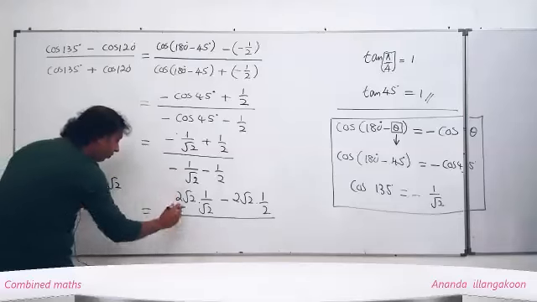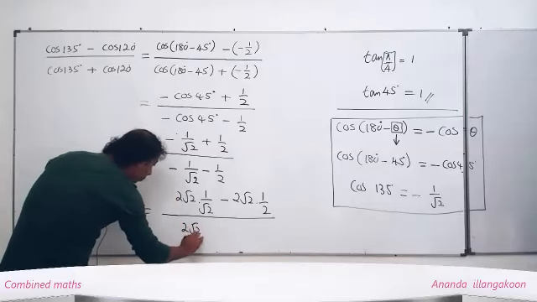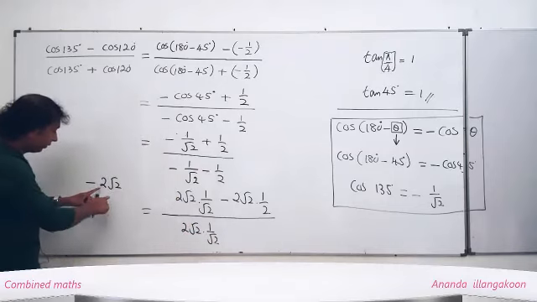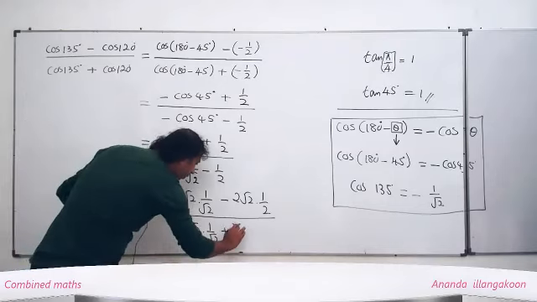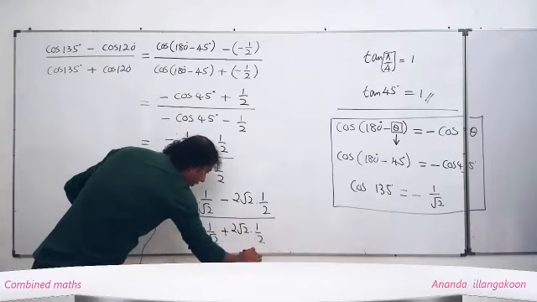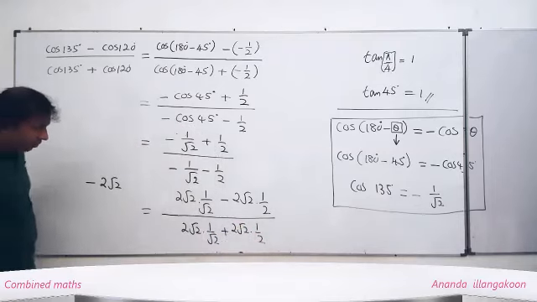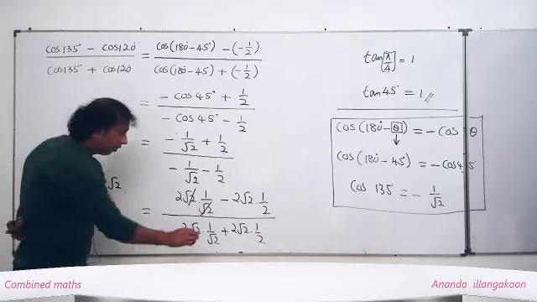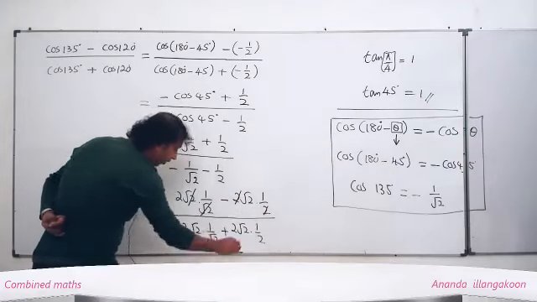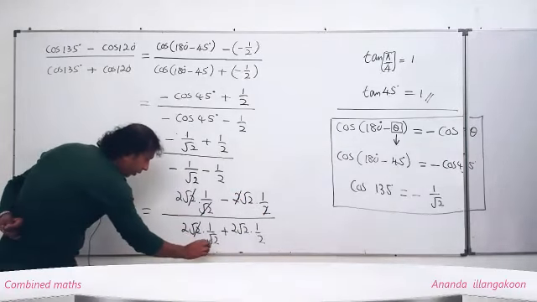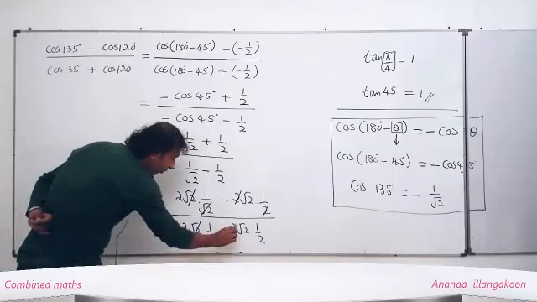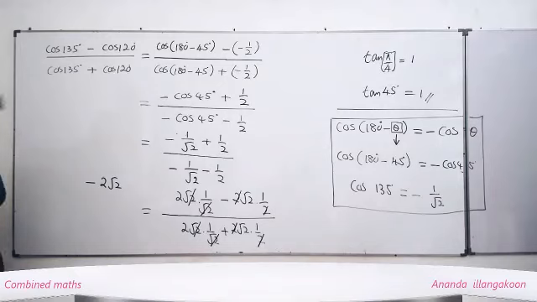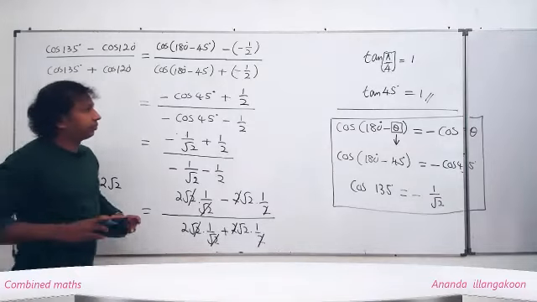Minus minus plus. 2 root 2, 1 over root 2. This and this, minus minus plus. 2 root 2, 1 half, like this. Right. Now see, people, the simplification. Here, root 2 and this root 2 you can cancel down. 2 and 2 you can cancel down. Root 2 and root 2 you can cancel down. 2 and 2 you can cancel down. Then see what you get.